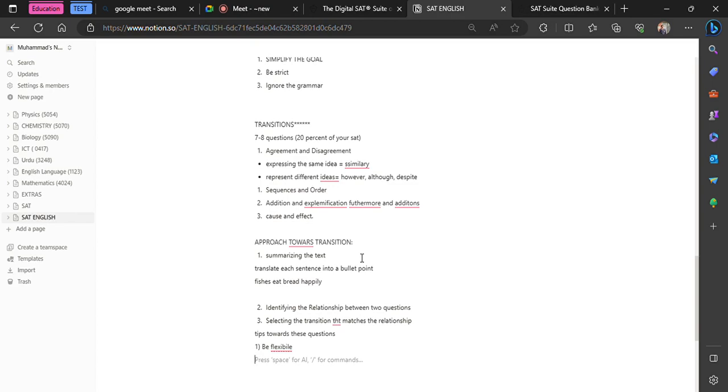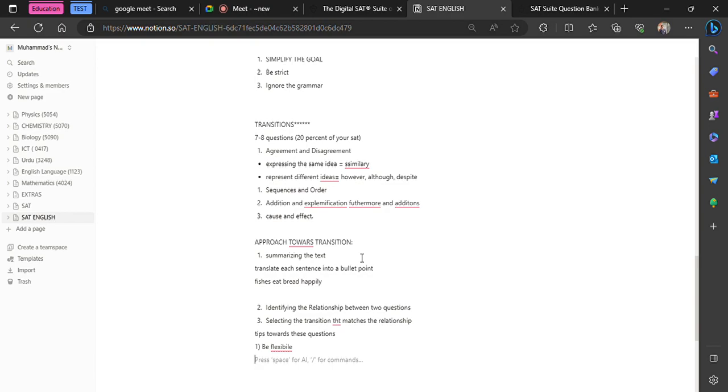So you just have to be flexible, and if the idea is contradictory, then you select that option rather than saying, oh, I know that however is a hard and fast rule for contradictions, because that's going to create a lot of problems for you on the SAT.